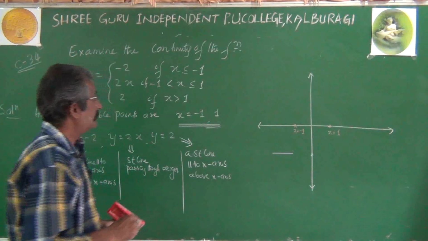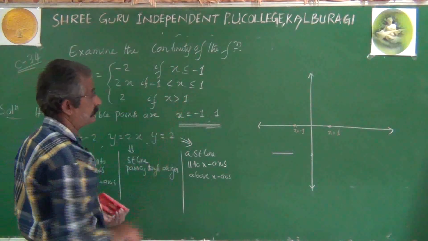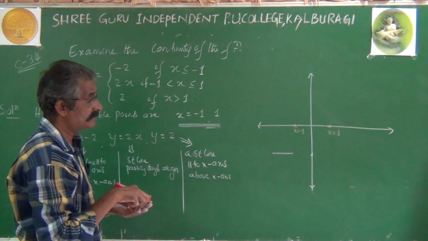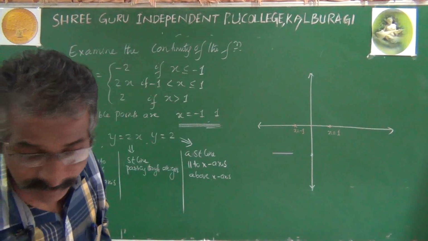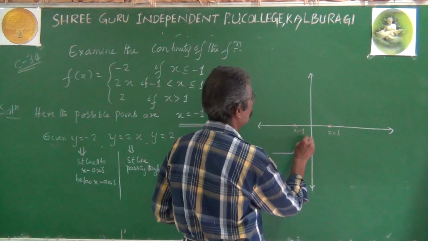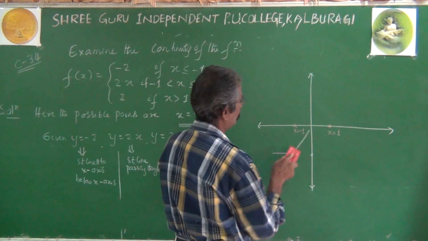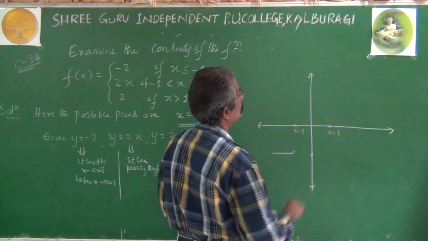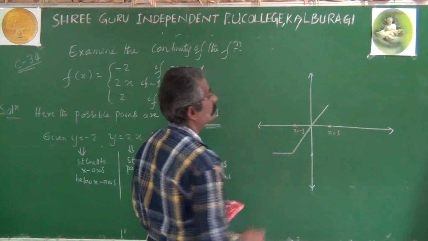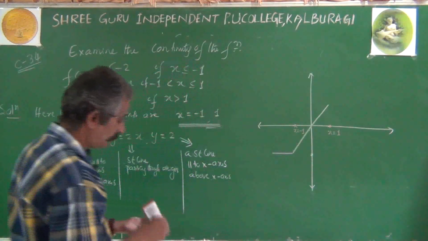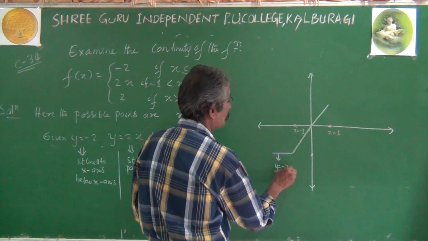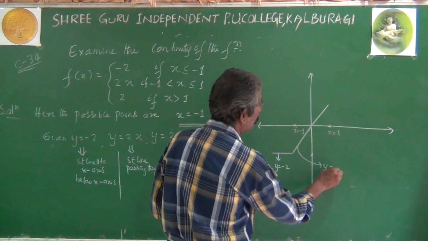Next, in the interval minus 1 to plus 1, the function is y equal to 2x. It means a straight line passing through the origin. This is the straight line y equal to 2x, whereas this is the straight line y equal to minus 2.